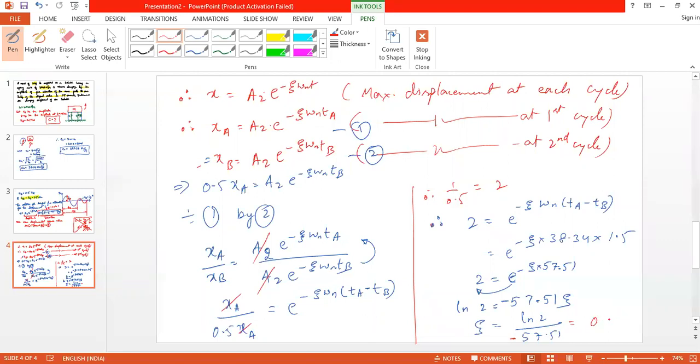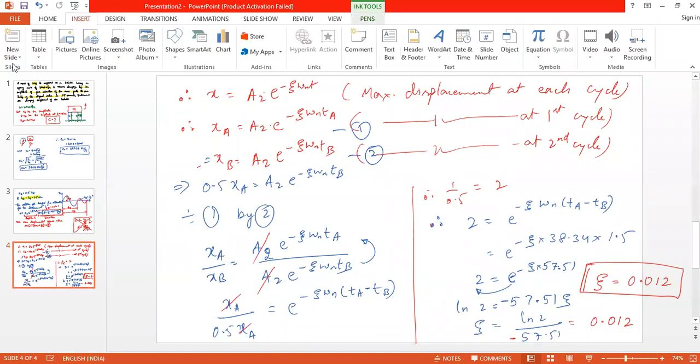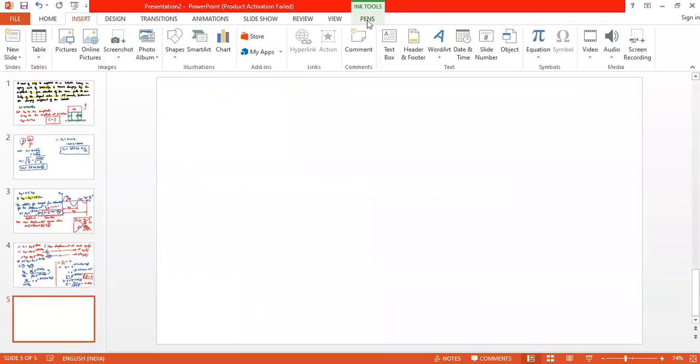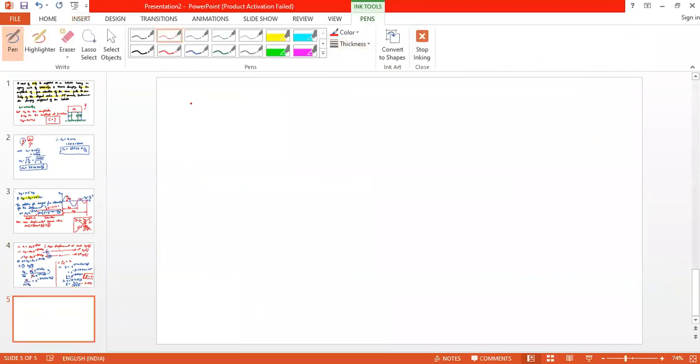See, the value of zeta cannot be negative. It is the damping factor, it cannot be negative. So zeta is 0.012. And zeta is equal to C by Cc. The value of zeta is 0.012.